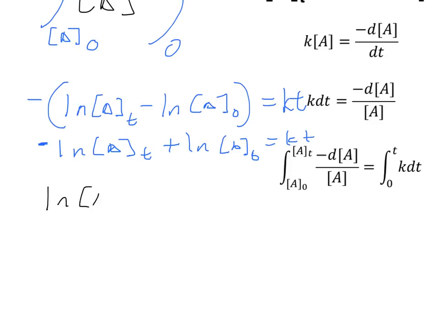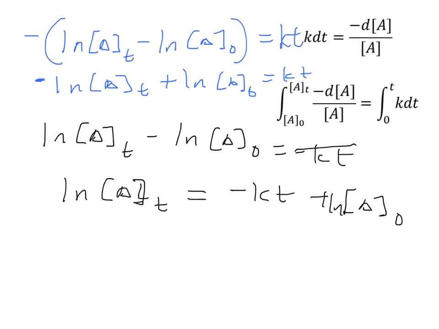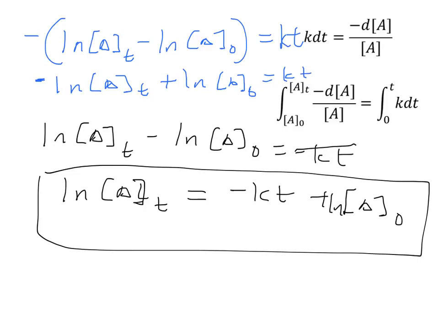And that gives you the natural log of A sub t minus the natural log of A sub 0 equals negative kt, or the natural log of A sub t equals negative kt plus the natural log of A sub 0. In other words, the change in concentration over time for a first order reaction is shown there.